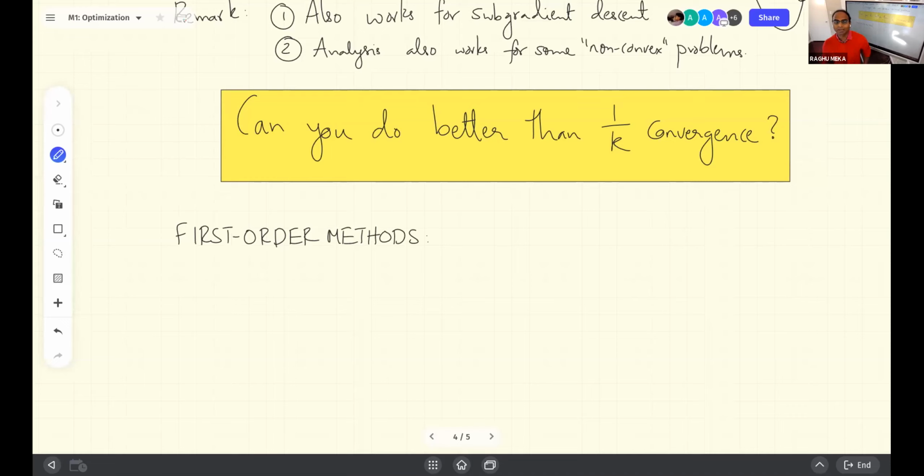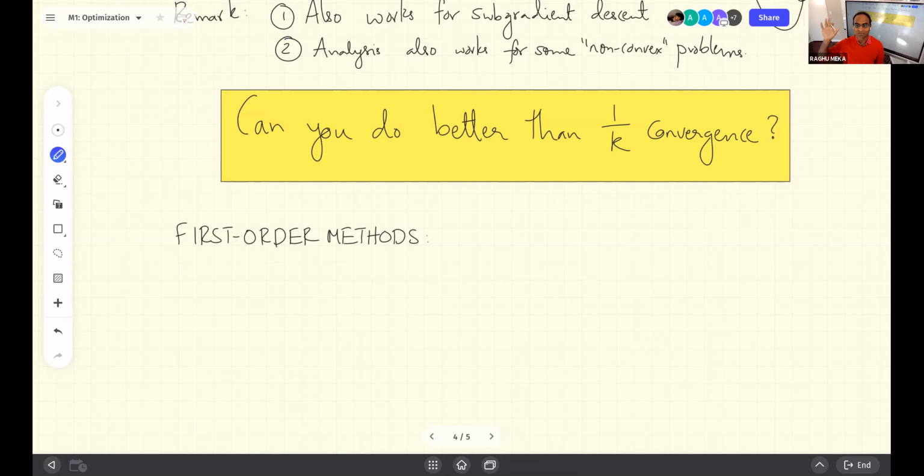Meaning I am trying to optimize some function f, but all I give you is some sort of subroutine which allows me to compute the value of the function at any point of my choice and the value of the gradient of the function at any point of my choice, nothing else. Imagine you're trying to do some deep learning training, but the data is sitting in the cloud somewhere.